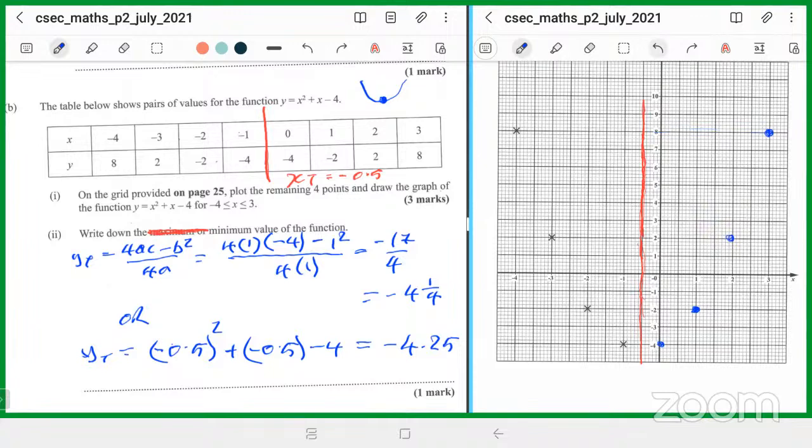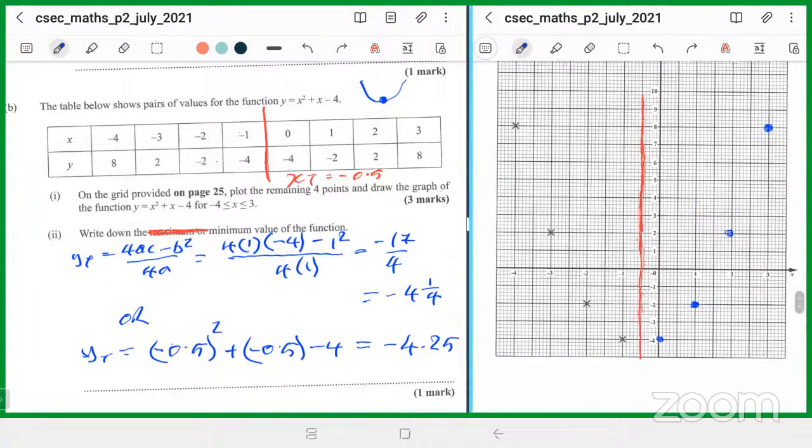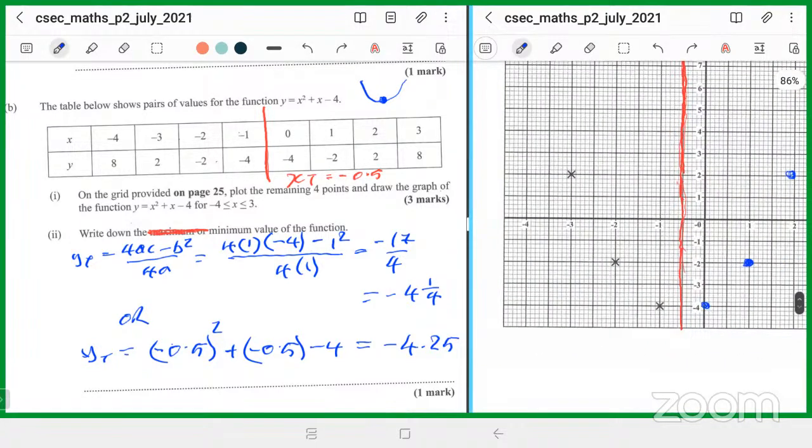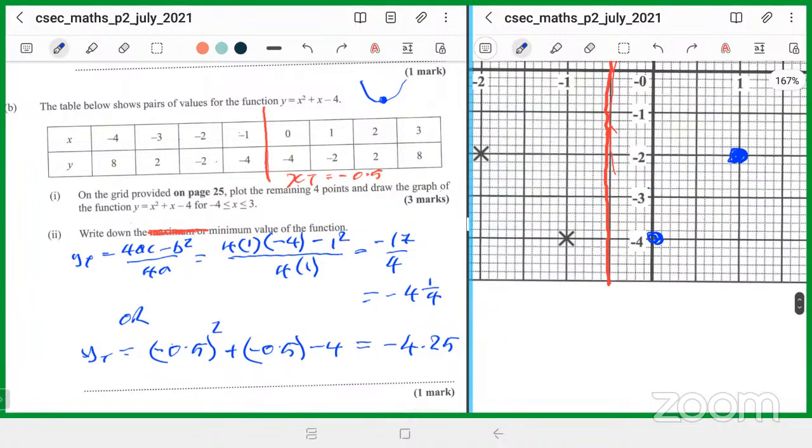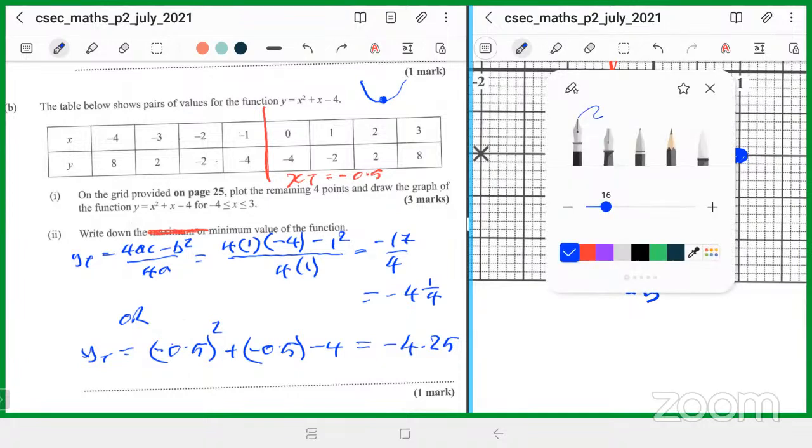All right. And then remember now, our minimum point is -4 and a quarter. So we need to put in that 4¼ properly. Let's look at the y-axis scale. This is -3, -4. So right here is -5. So right here is -4.5. Let's mark it in red.